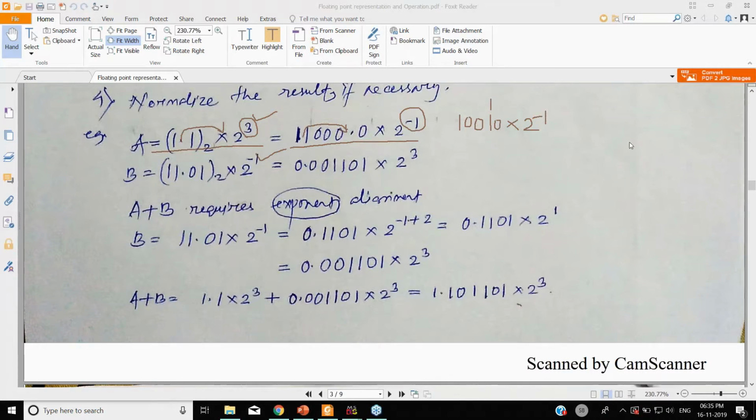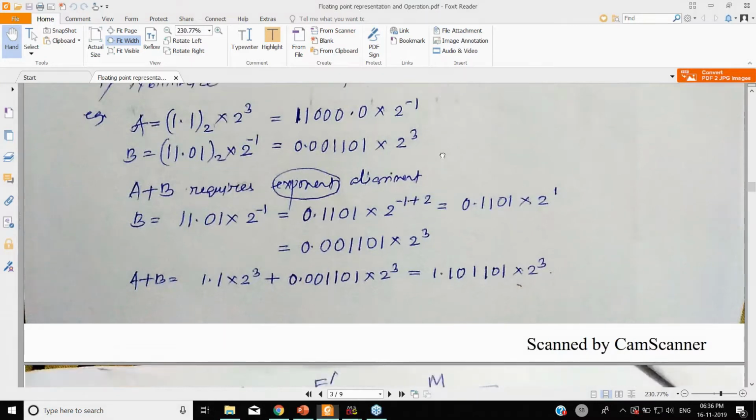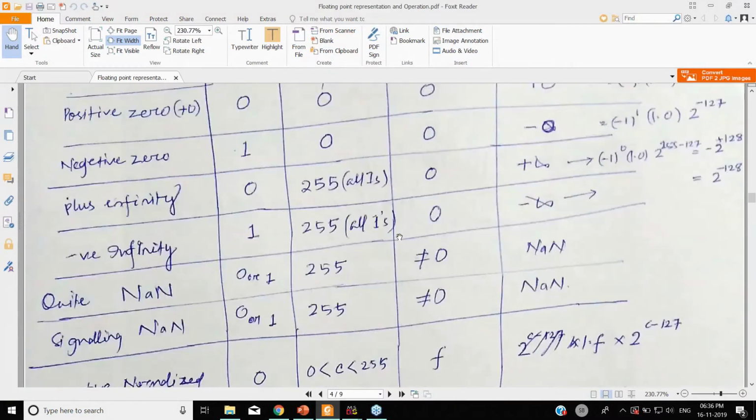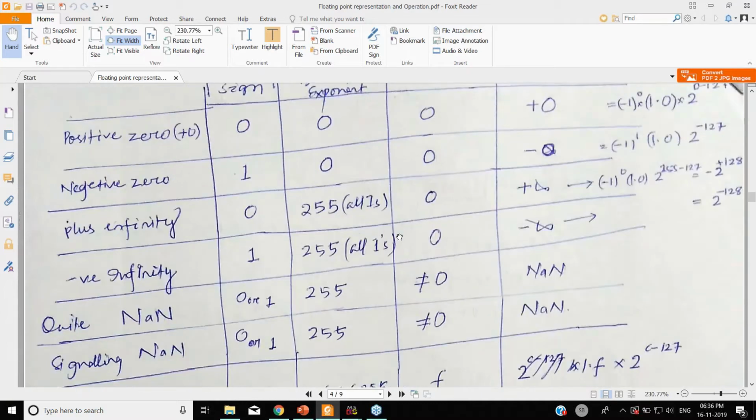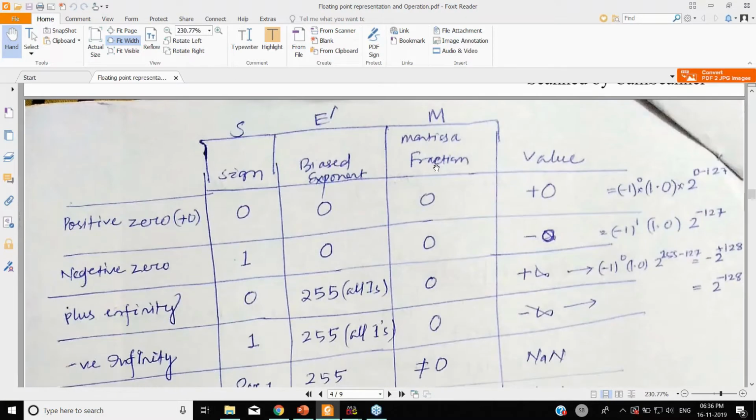Let us go to the next page. This is the chart that we are discussing. We have seen positive 0 and negative 0. If the exponent and mantissa are all zeros, then we determine the value as 0, and according to the sign bit it is either positive 0 or negative 0.